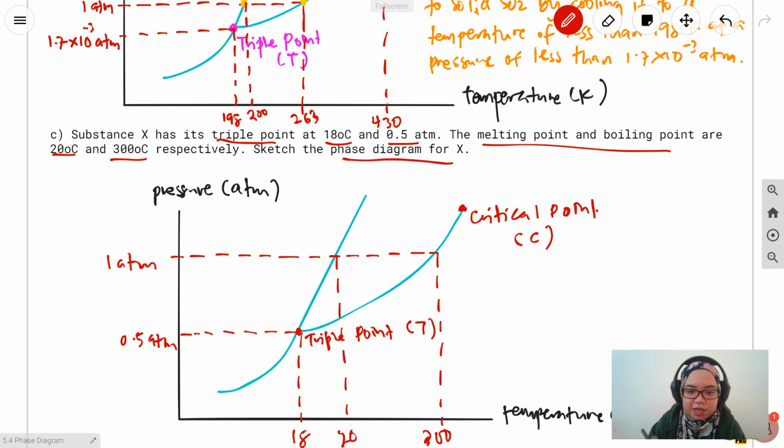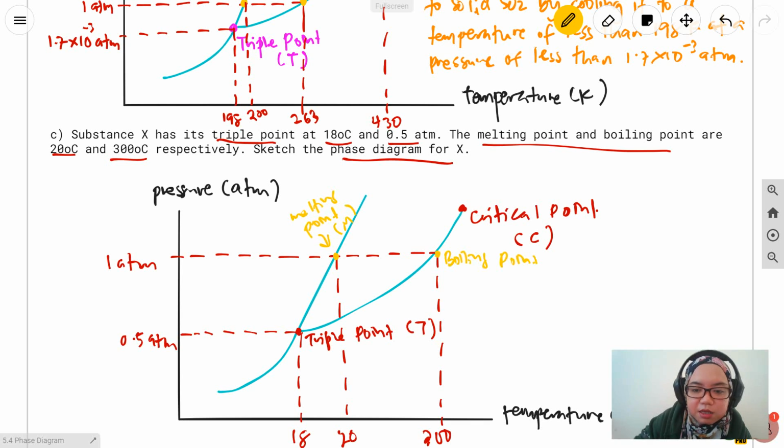Okay. And kat sini awak boleh label lah. Dekat sini adalah dia punya melting point. Ataupun awak buat je label je macam M ke macam tu ke. Yang ini adalah dia punya boiling point.